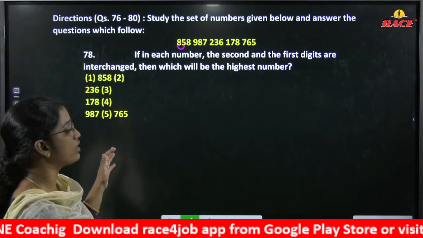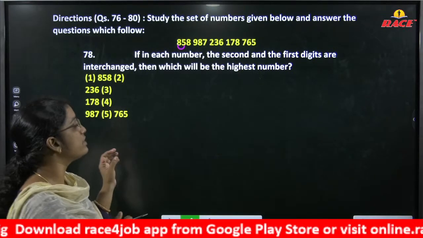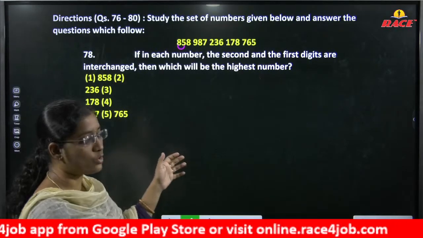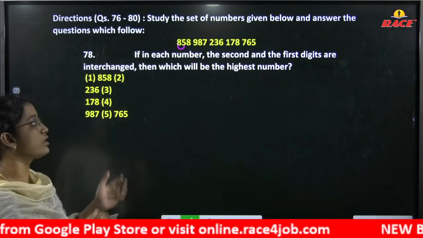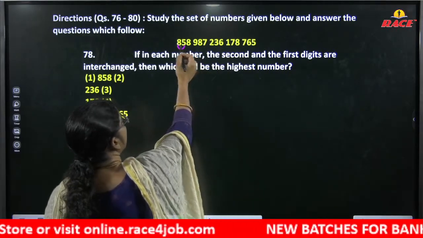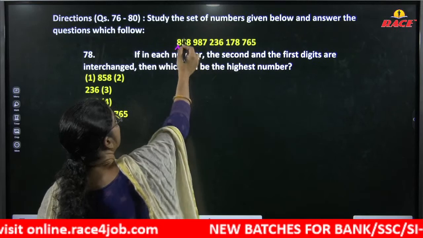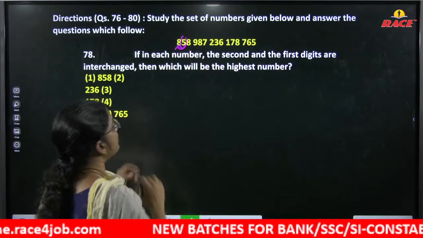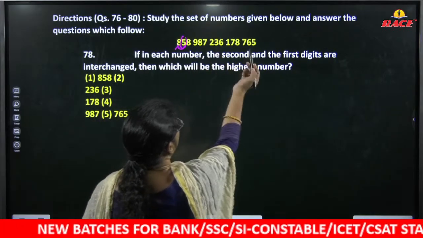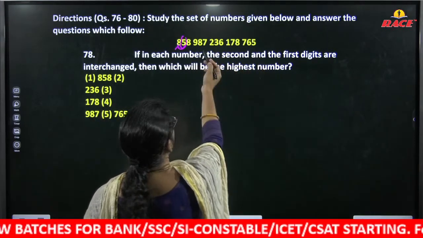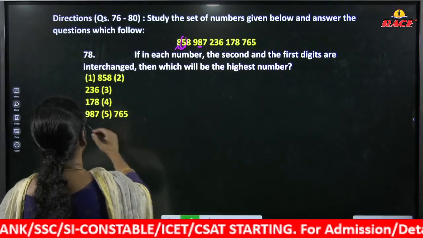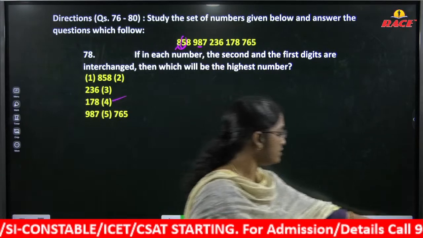If the first digit of a number is highest, that number is the highest, and if it is lowest, that number is the lowest. If the first and second are interchanged, the second digit will be placed at the first position, so we observe only second digits. In the second digit place, the digits are 5, 8, 3, 7, 6. Which is the highest? 8. That means our answer is 987. The fourth option, 987, is the correct answer.